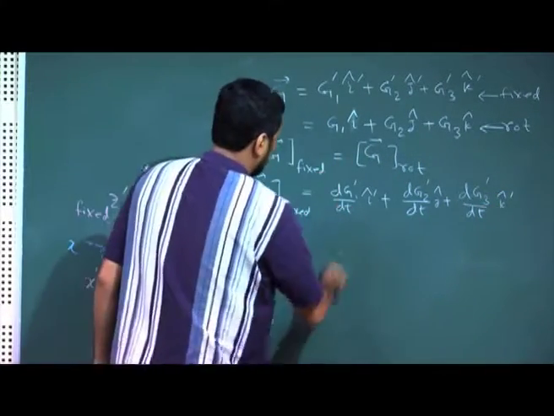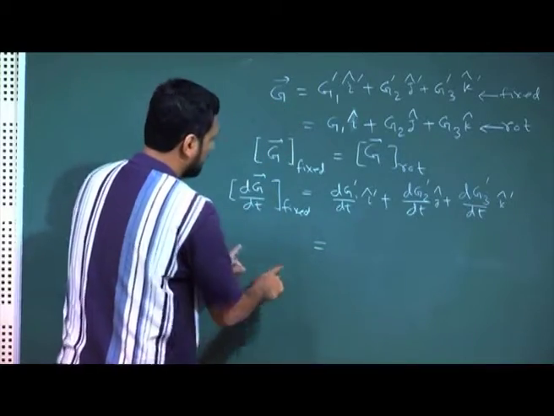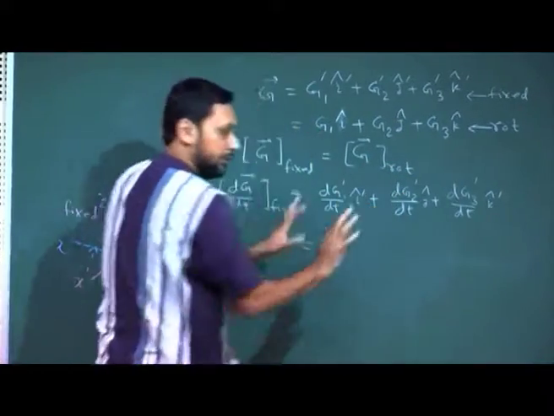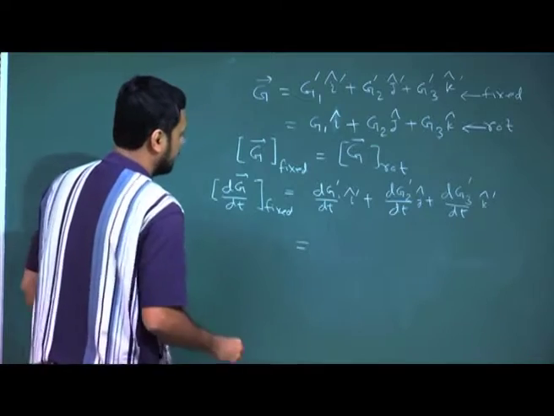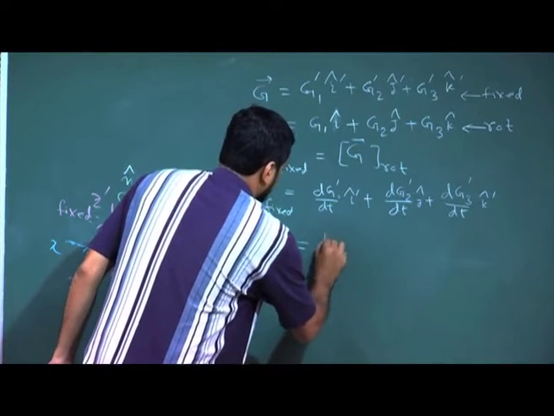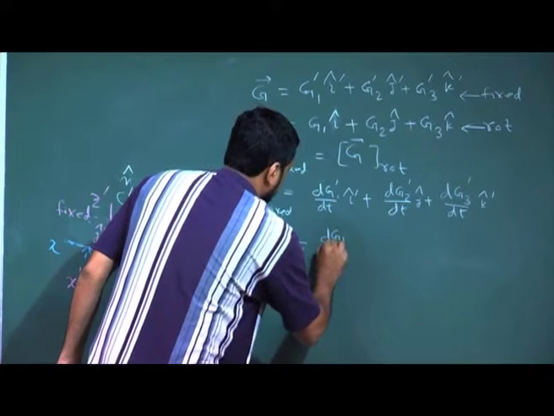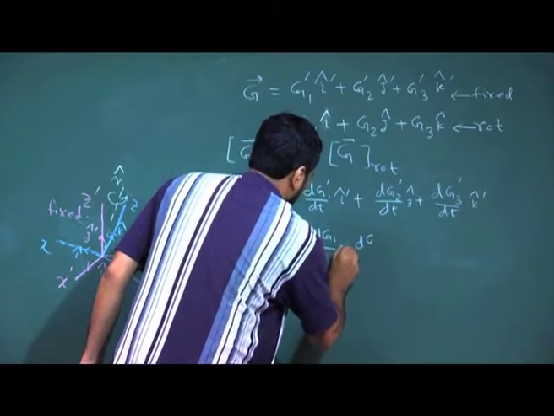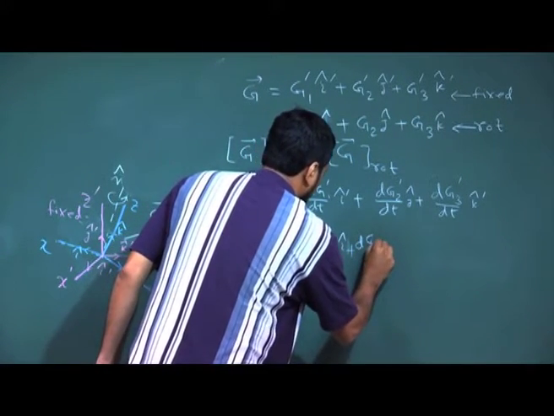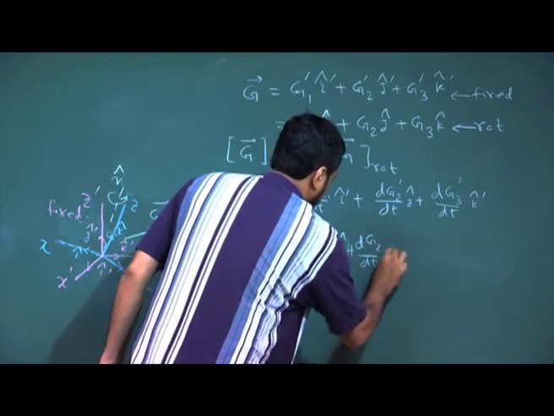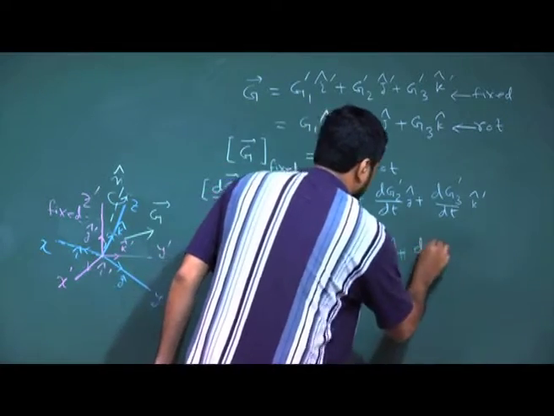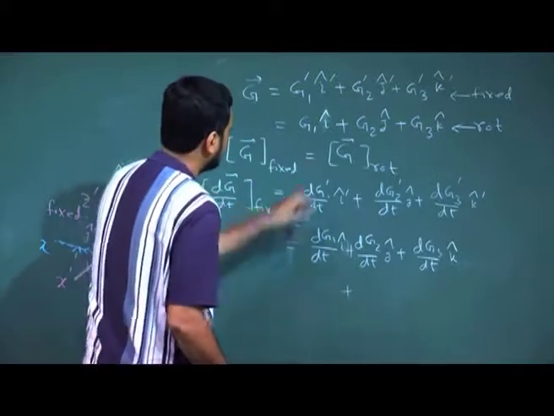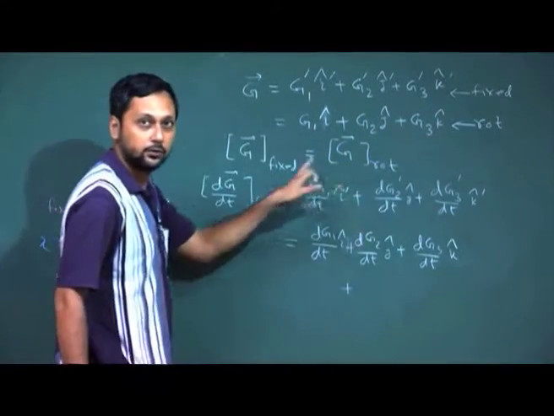And on this side, this will be equal to dG/dt rot, because if we take the time derivative in the rotating frame, it is the same time derivative. So we can write this as dG1/dt i cap plus dG2/dt j cap plus dG3/dt k cap, plus 3 additional terms, because i, j and k are also changing direction with time.